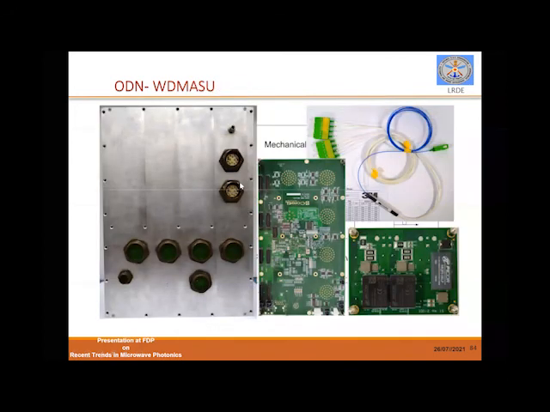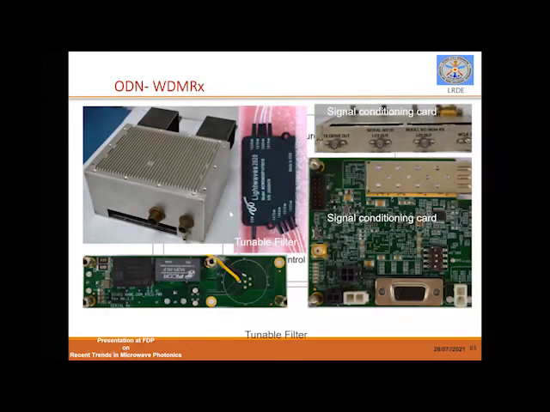Now this is the WDM amplifier and splitter unit, in which the basic amplification of the signal happens, along with the splitter module for splitting into multiple outputs, equivalent to our conventional RF splitter. And this is the photograph of a receiver, where the demux is there, as well as the receiver module which will convert from optical to RF, the electrical domain.